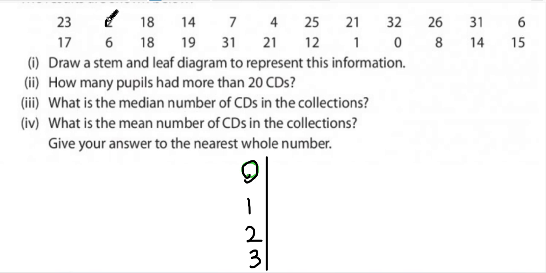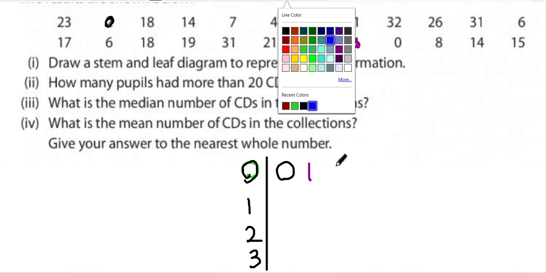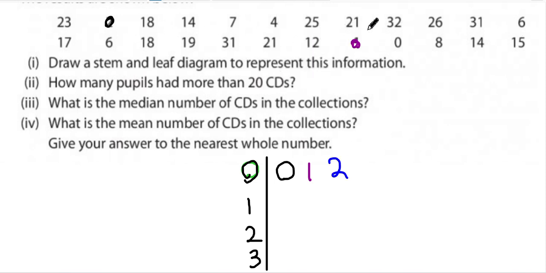So what's first? Well, there is a 0. There's a 0, a 1, a 2. Where's the 2? Oh, I already rubbed out the 2.